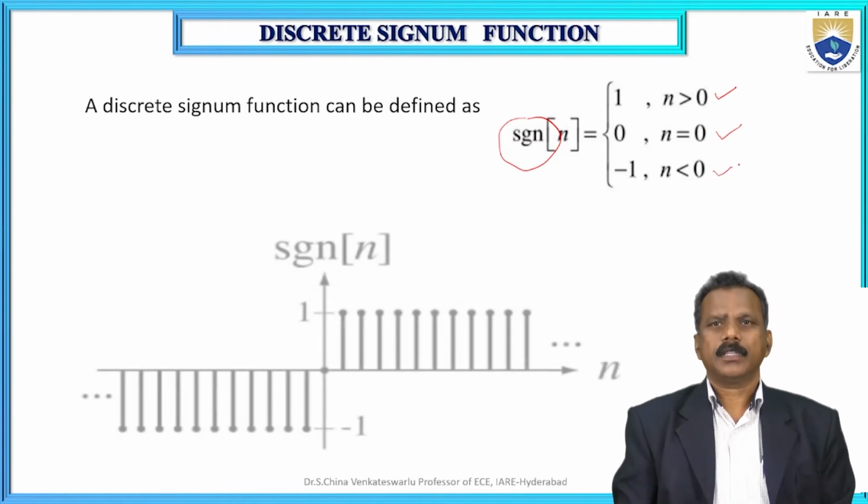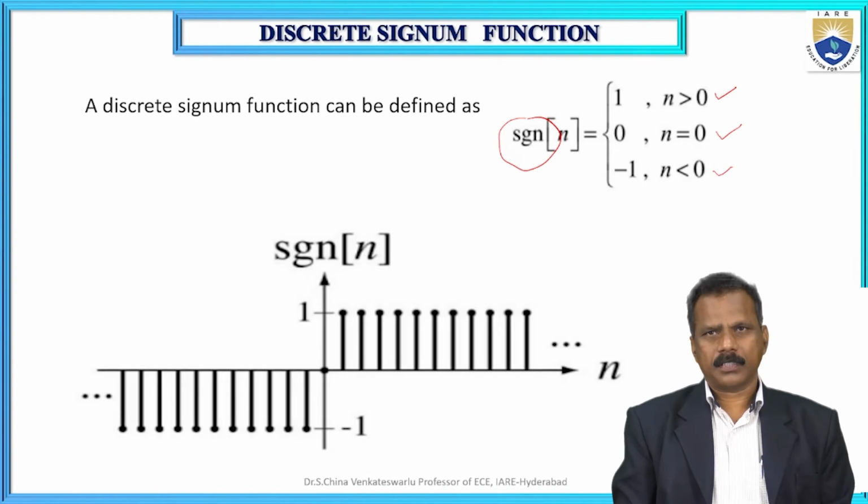So, n versus sgn of n. Like this, you have to represent all these functions, the discrete signum function, n versus signum of n.